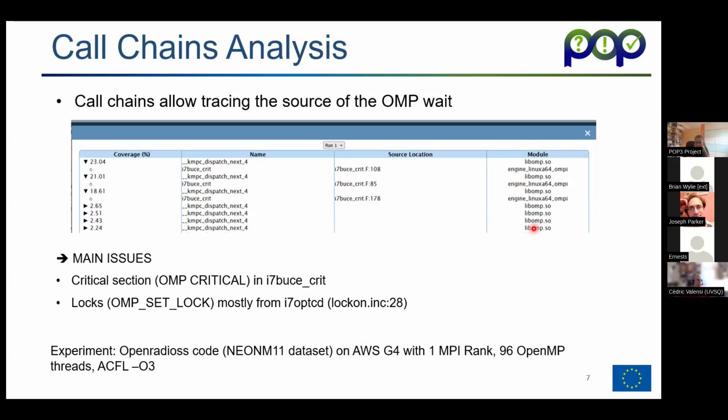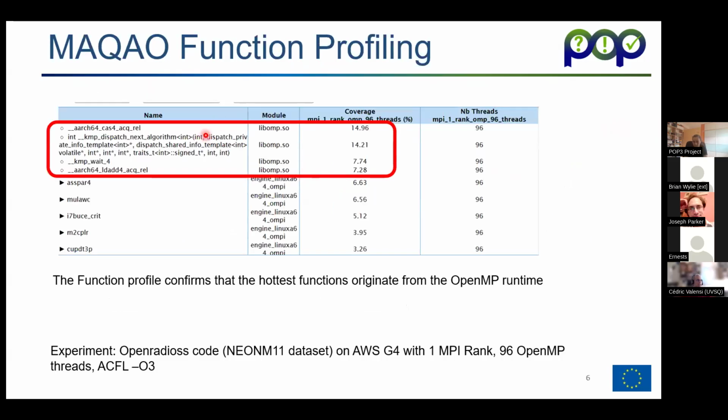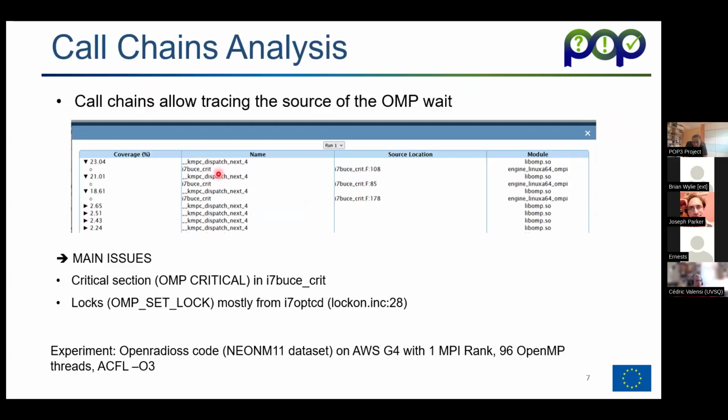For instance, here this provides the call chain, basically all the points from which the wait functions, which are waiting functions for OpenMP, originate. They all trace back to this function, and we identified that there were critical sections and some locks that were not correctly used, which were preventing some of the parallelization from occurring efficiently.